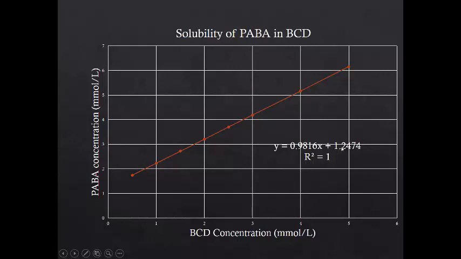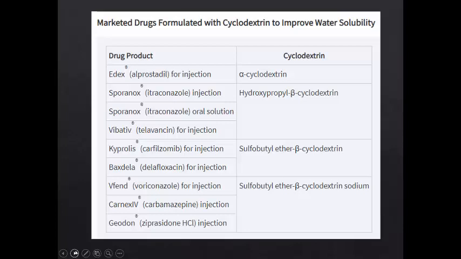So now we know our innate solubility is 1.25 if we're rounding, and our slope is 0.9816. Our correlation is perfect. So now we know our slope and our y-intercept, so we can figure out our Ka, can't we? We're going to use this to solve problems.